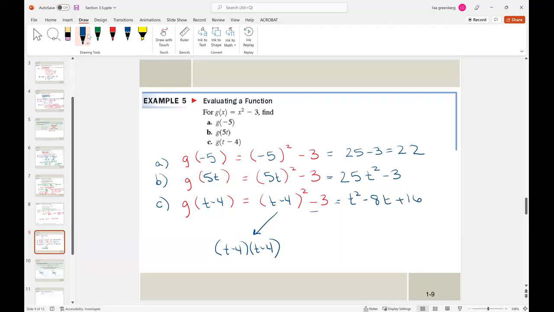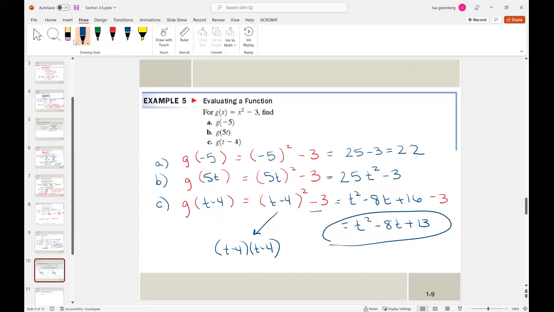And then I'm going to subtract 3. Here, I'll do it in red just to keep it a little separate. Okay. And now our final answer would be t squared minus 8t plus 13. And so that's how we evaluate different functions.